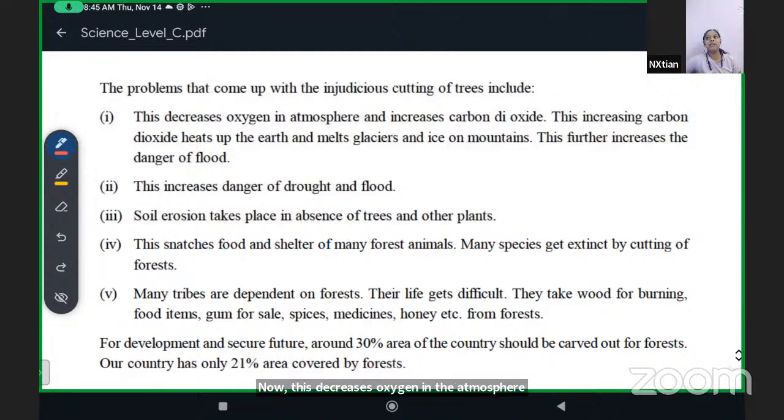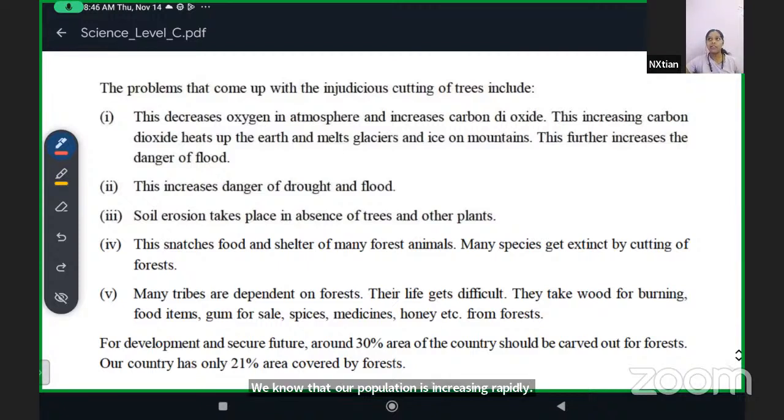Like I explained, we breathe in oxygen and release carbon dioxide. That carbon dioxide is taken up by the plants to prepare their food, and in the process the plants release oxygen. But what if our population is increasing rapidly and the plants are being cut?